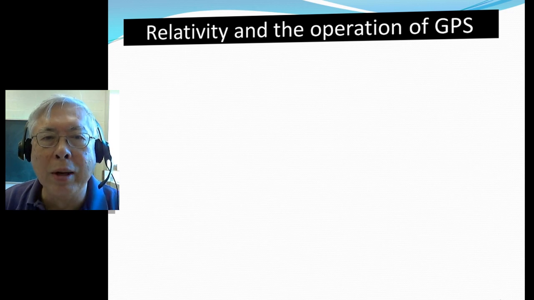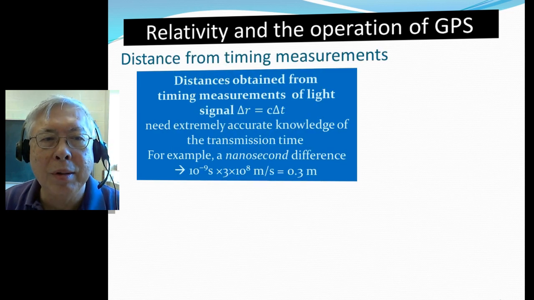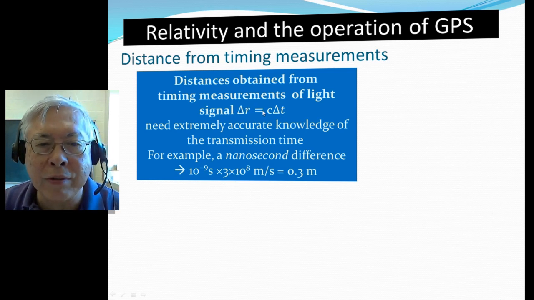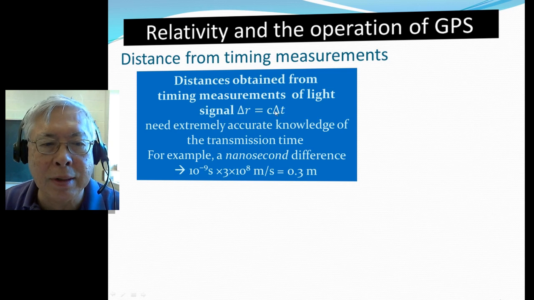So now, why is relativity relevant for the operation of GPS? Because the distance is measured through timing measurements of the light signal. So the distance is given by c times delta t.